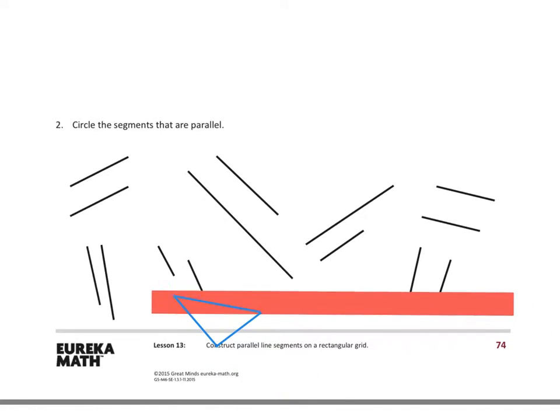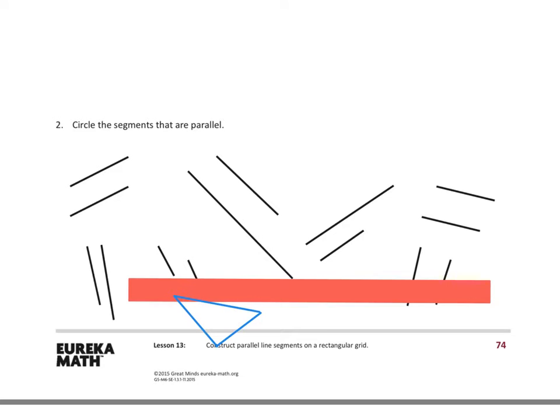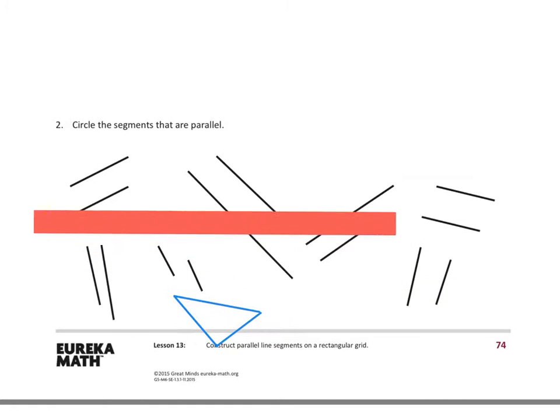So I'll do this, and I'll do one with you. And then I'm going to use my triangle to try to line this up, and then I'll just slide the triangle over and see if it lines up the way it was. So that's probably the best way to do it.